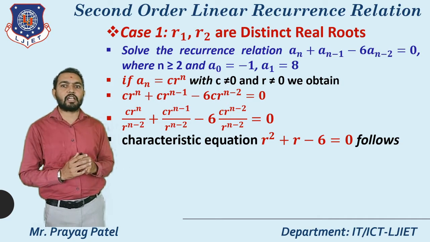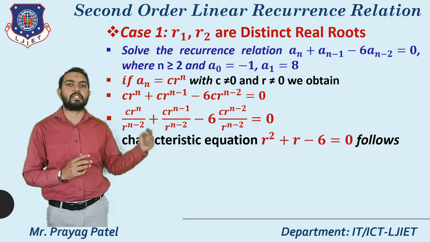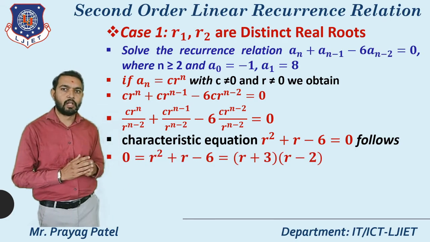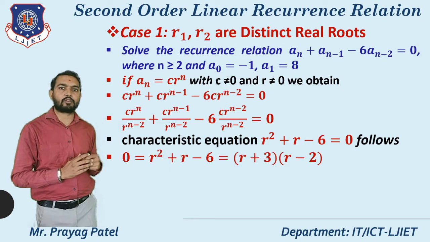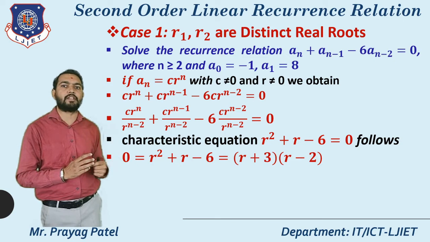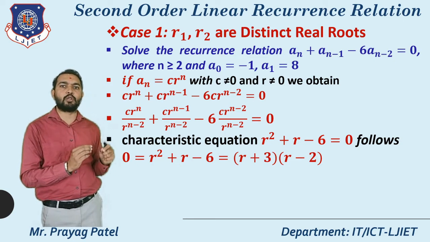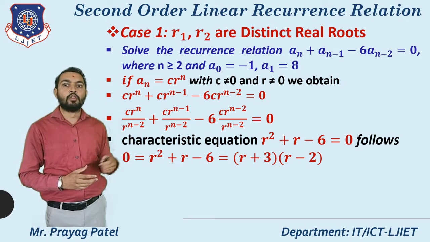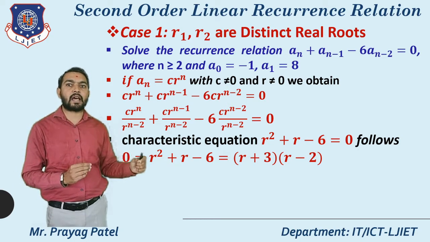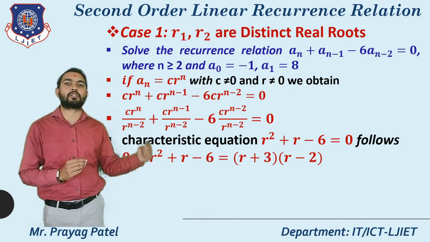So our characteristic equation is r raised to 2 plus r minus 6 is equal to 0. Now find the roots. So 0 is equal to r square plus r minus 6, which can be factored as r plus 3 into r minus 2.